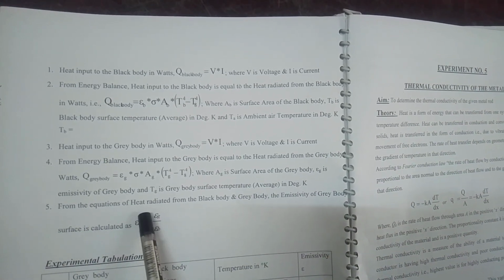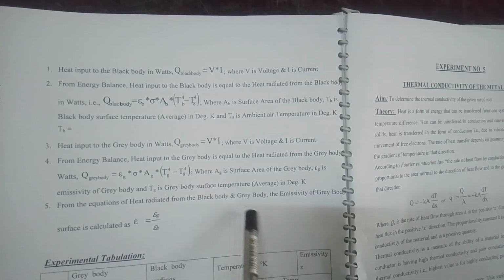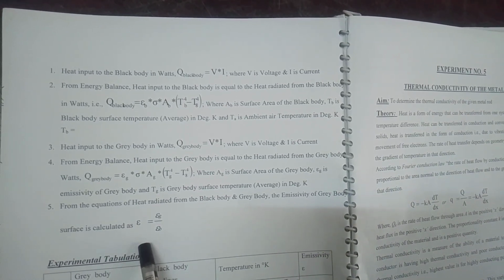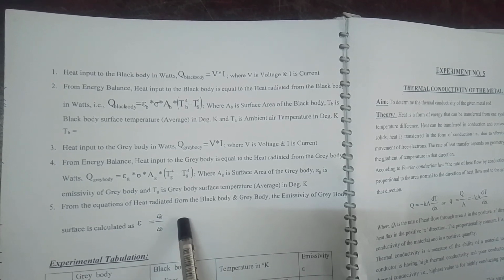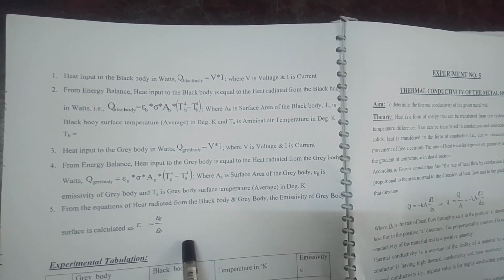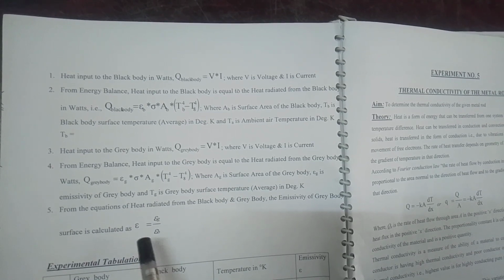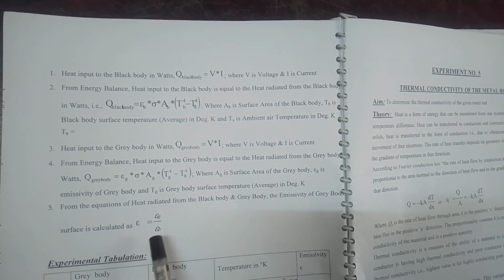From the equations of heat radiated from the black body and the grey body, the emissivity of the grey body surface is calculated with respect to the black body. Then you will get the emissivity, that is the thing we are going to write down. This will be in the range of 0 to 1.